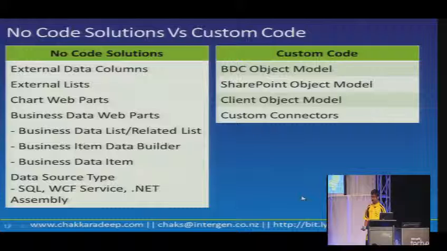Custom connectors: probably you would like to connect to, I don't know, Sybase or Oracle, and you wish to write a custom connector which will ease development in your organization, so that users can just use that connector, specify the methods, and get the data back. So you could build some custom connectors.